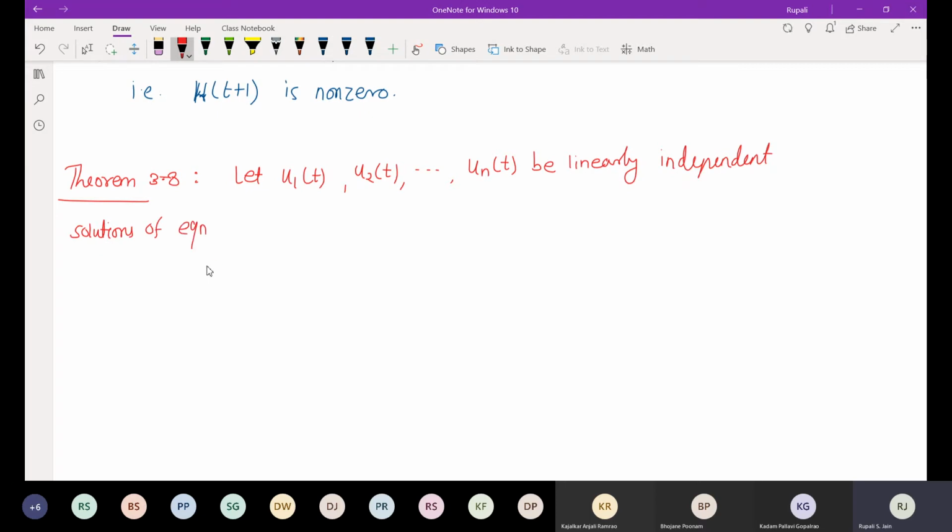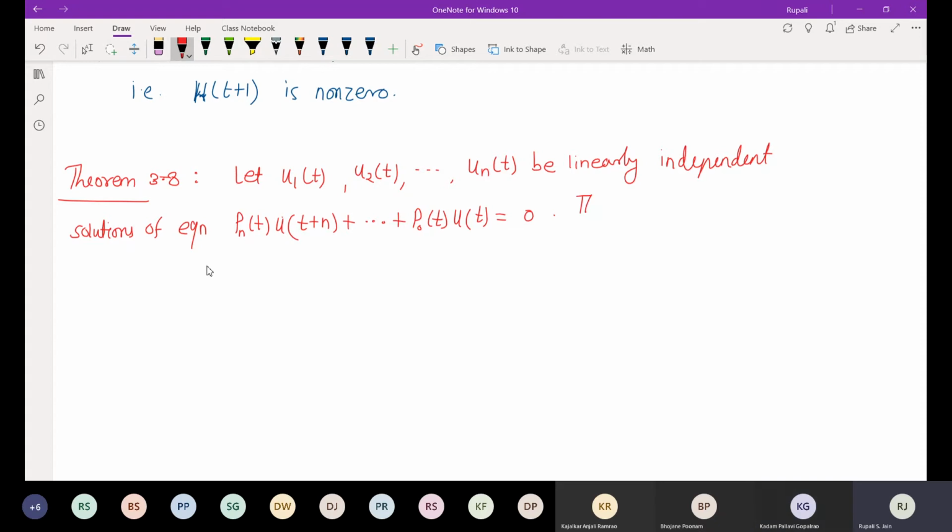What is 3.4? Pn(t) y(t+n) plus and so on P0(t) y(t) is equal to R(t). Not, it is homogeneous, right? So u is a solution of 3.4, that is, the homogeneous equation equal to 0.